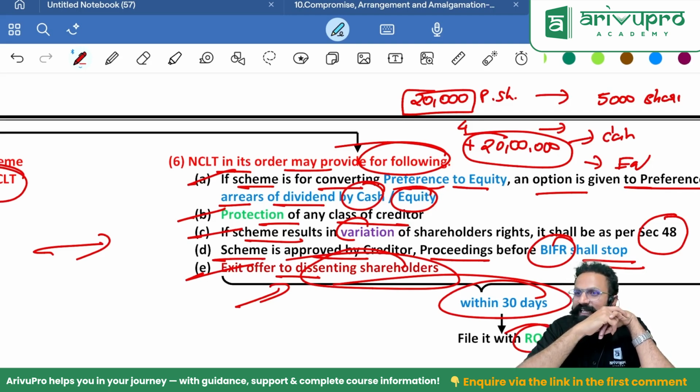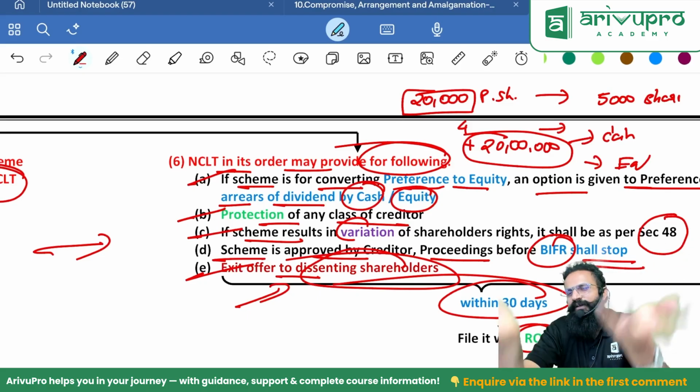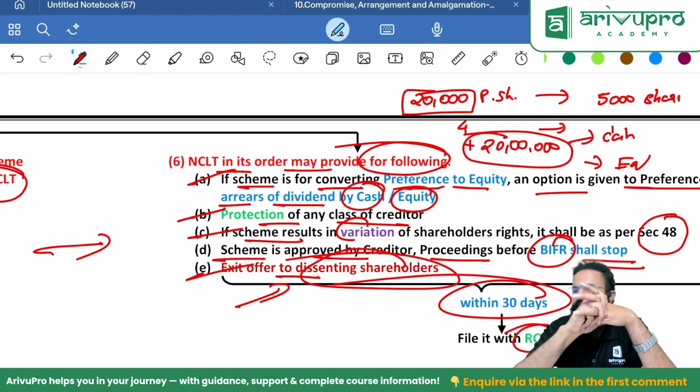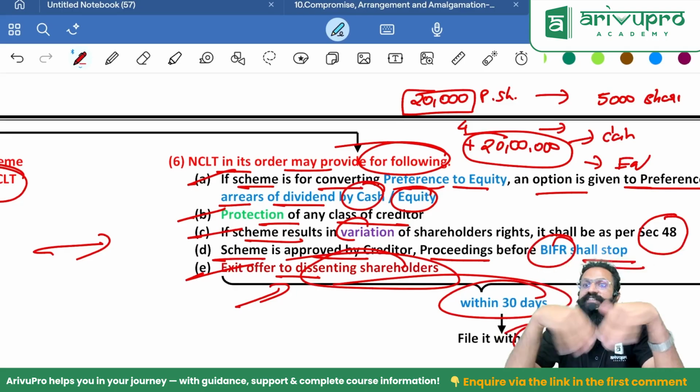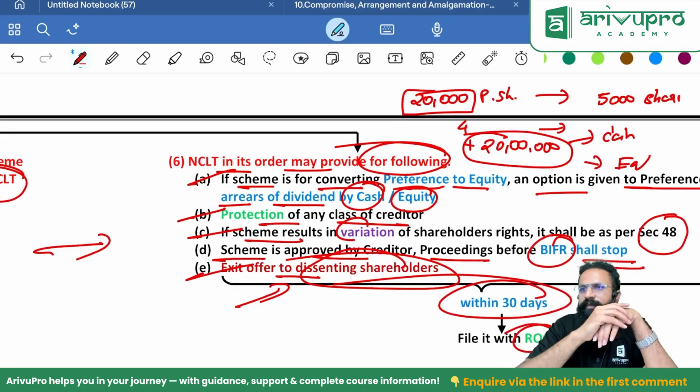Whenever 90% of the total creditors have given no objection and are okay with this particular scheme, the tribunal may dispense with the requirement of conducting a physical meeting. Now, when this approval is given to the tribunal, it can pass any of these orders. If preference shares are getting converted to equity, then the dividend part is at the discretion of the preference shareholders.